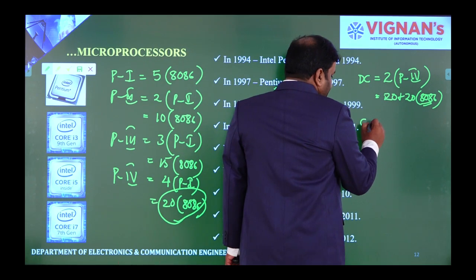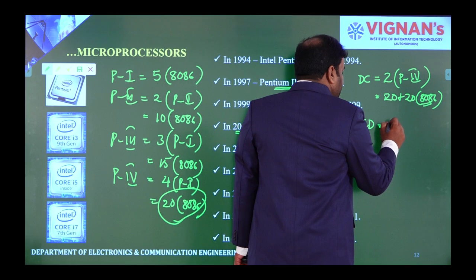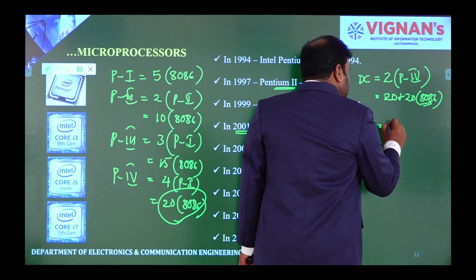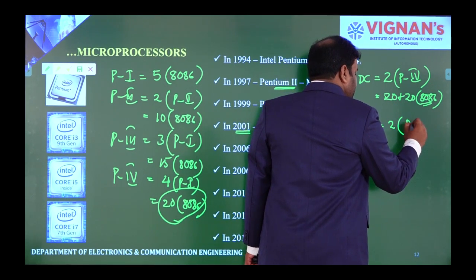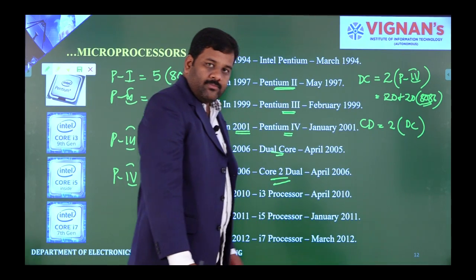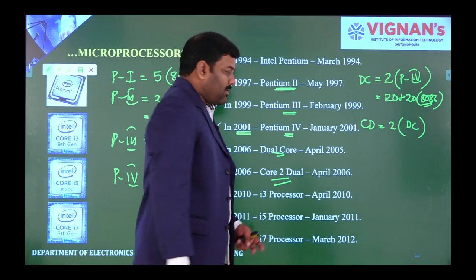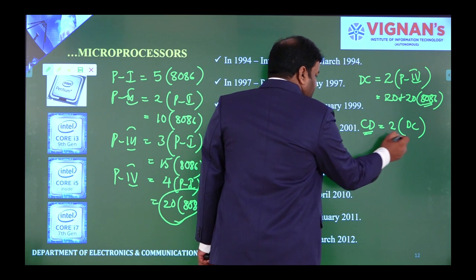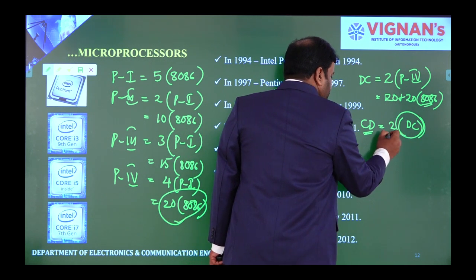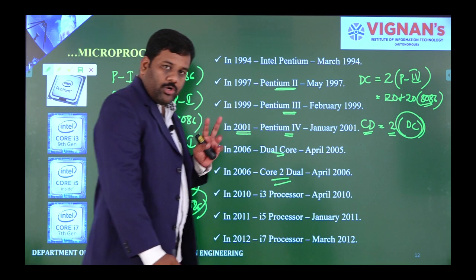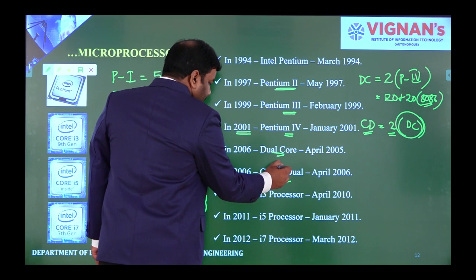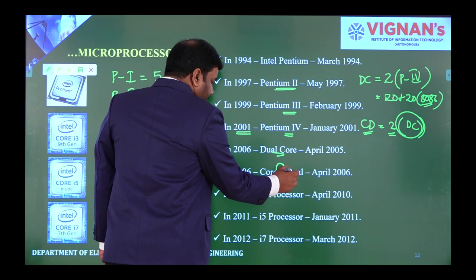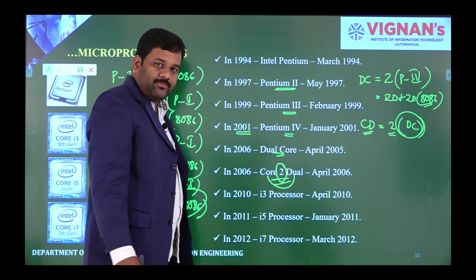Core 2 Duo means we are using two dual cores over here.